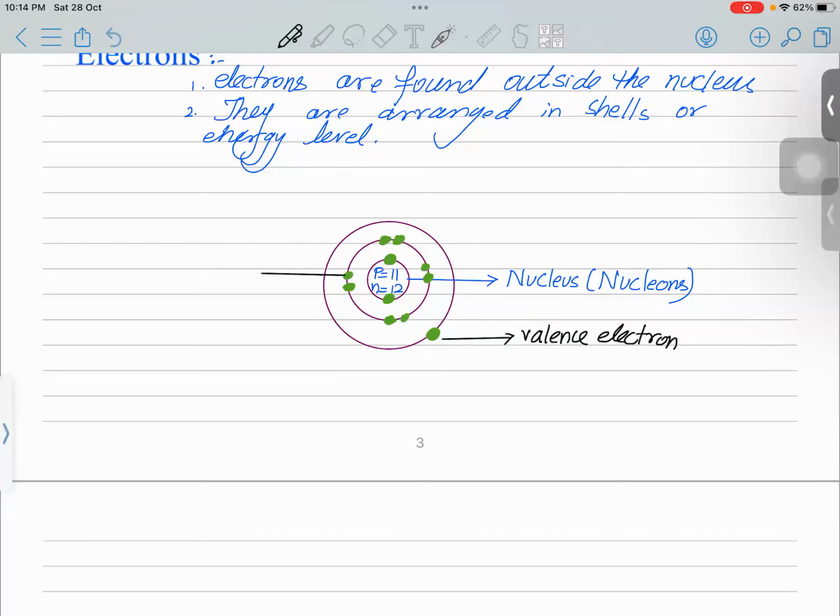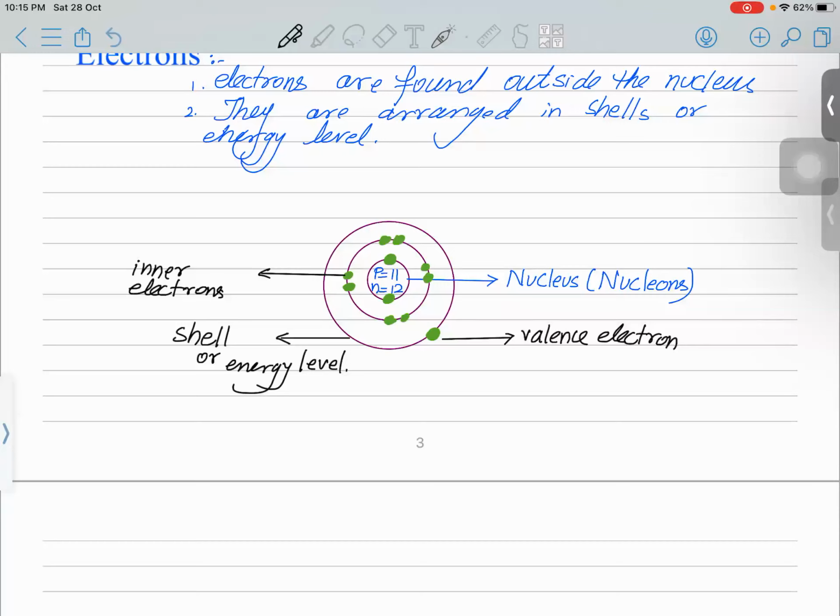These are called inner electrons. This is called a shell or energy level.